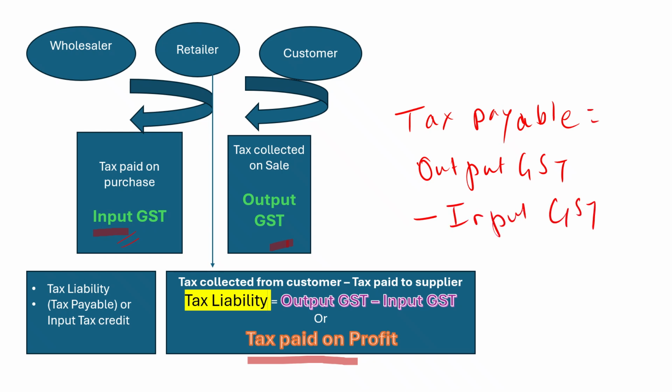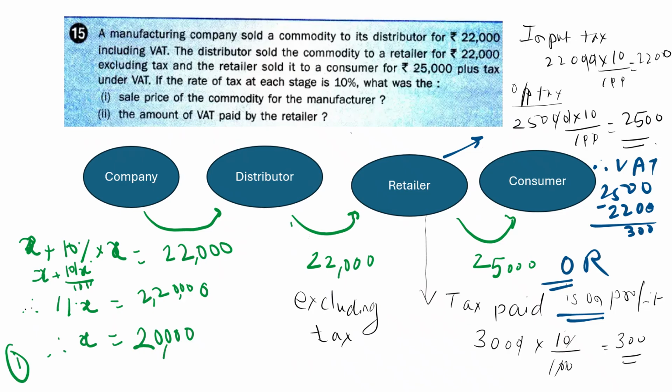Let's solve one sum. A manufacturer company sold to the distributor with some VAT, and that cost is 22,000 with tax. The distributor sells to the retailer at 22,000 and the consumer buys it for 25,000. Now we have to calculate the selling price of the commodity for the manufacturer. This is my manufacturer.